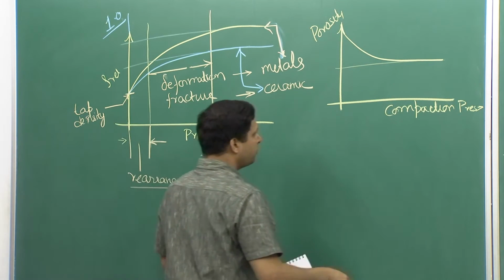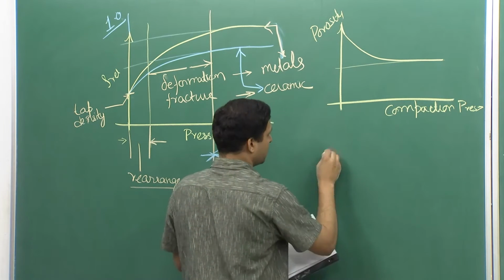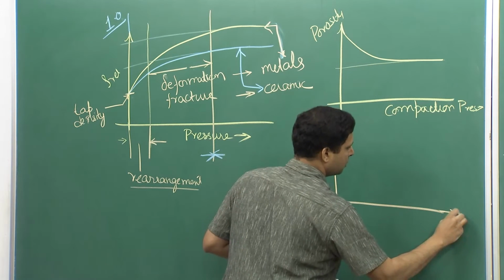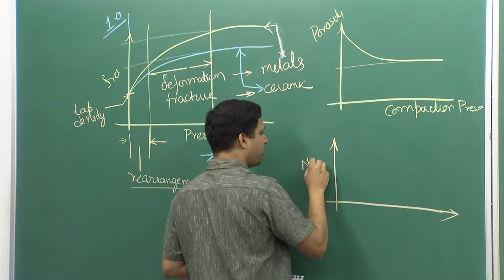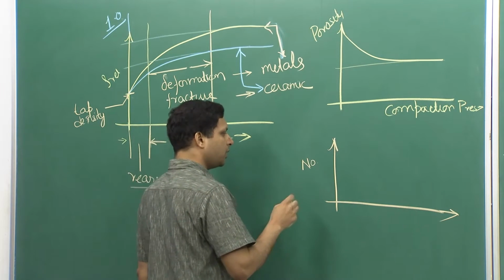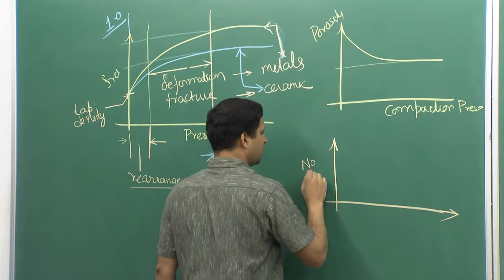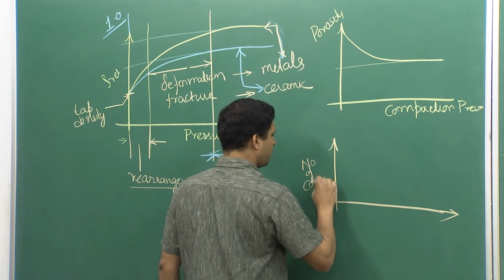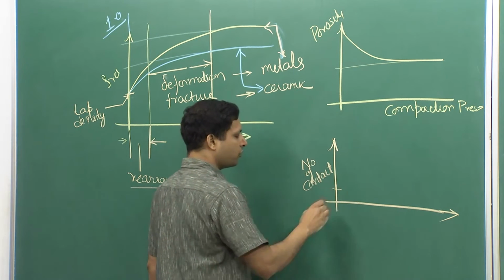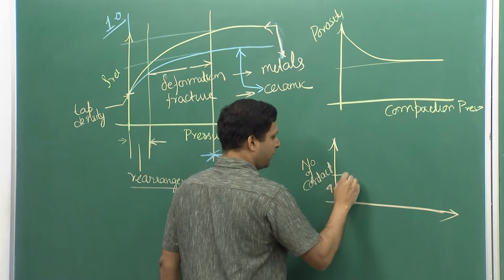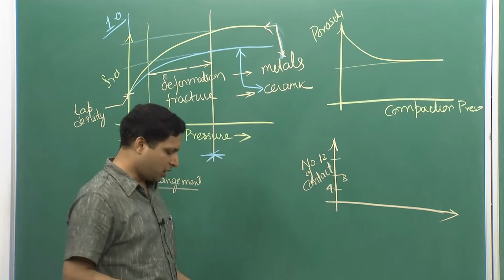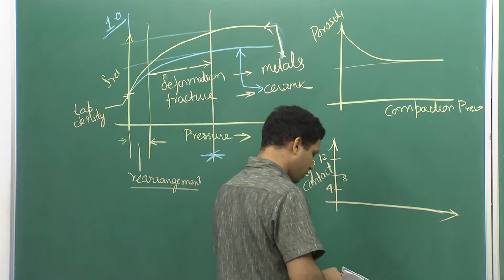Another is number of contacts. You remember, the highest contact point that we saw for monospherical, mono diameter particles is equal to 12, that was for FCC. So, if you look at the number of contacts, the maximum you would get with increase in pressure would actually be of the order of 12.